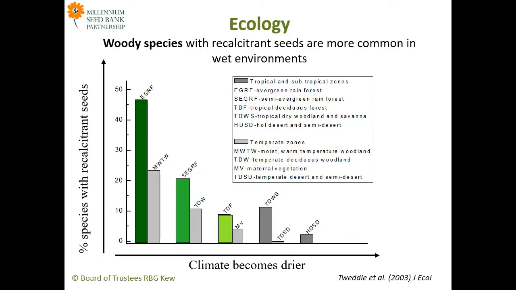This is a paper by Tweddle and company in 2003, where they looked at where the woody species are found and their seed storage behaviors. You can see through this graph that as the climate becomes drier, the percentage of species with recalcitrant seeds goes down.